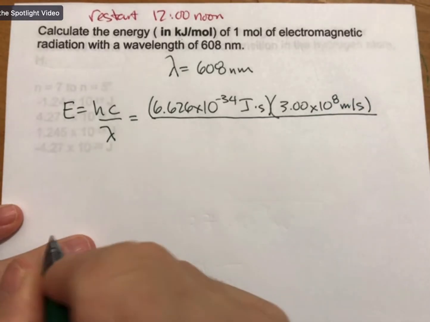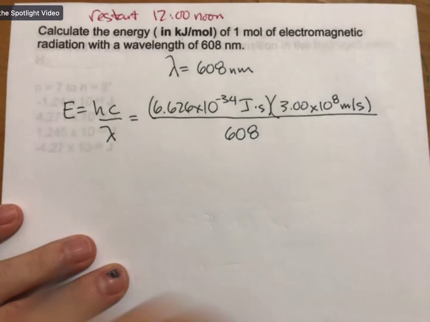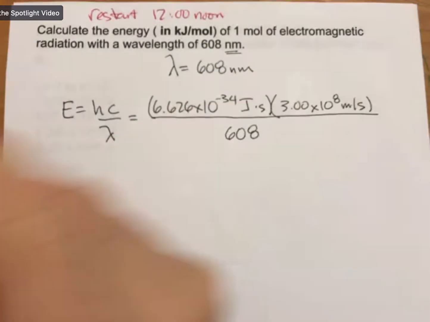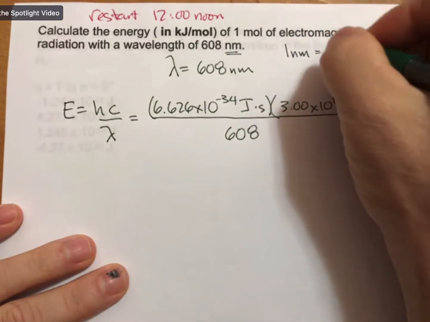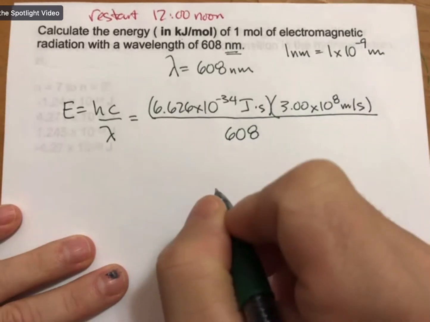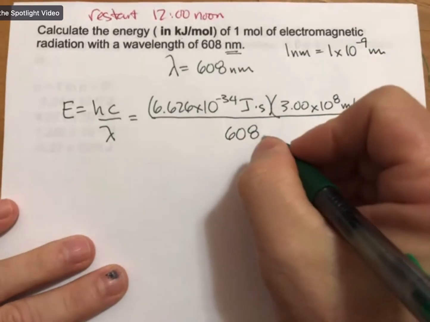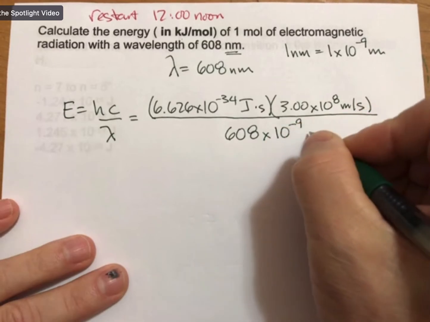And the wavelength is 608 nanometers, but we can replace nanometers, since 1 nanometer equals 1 times 10 to the minus 9th meters.